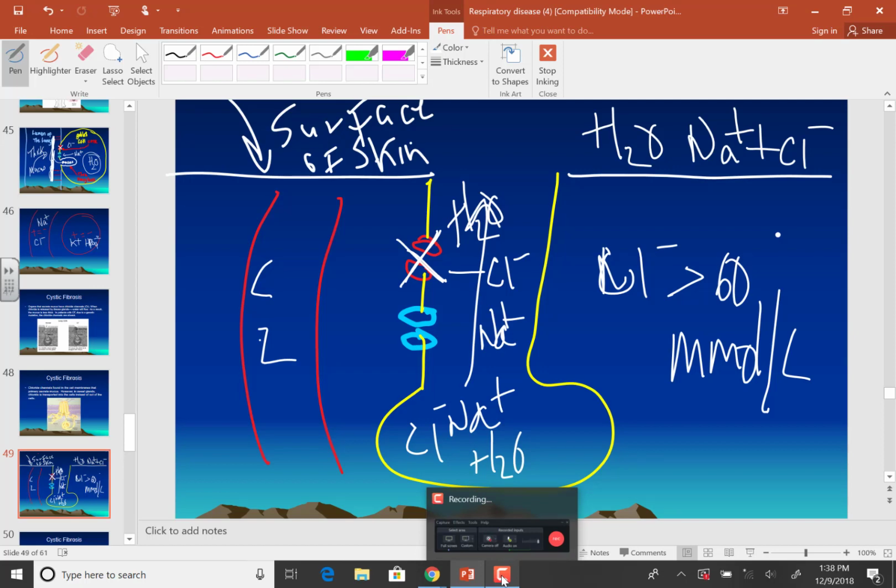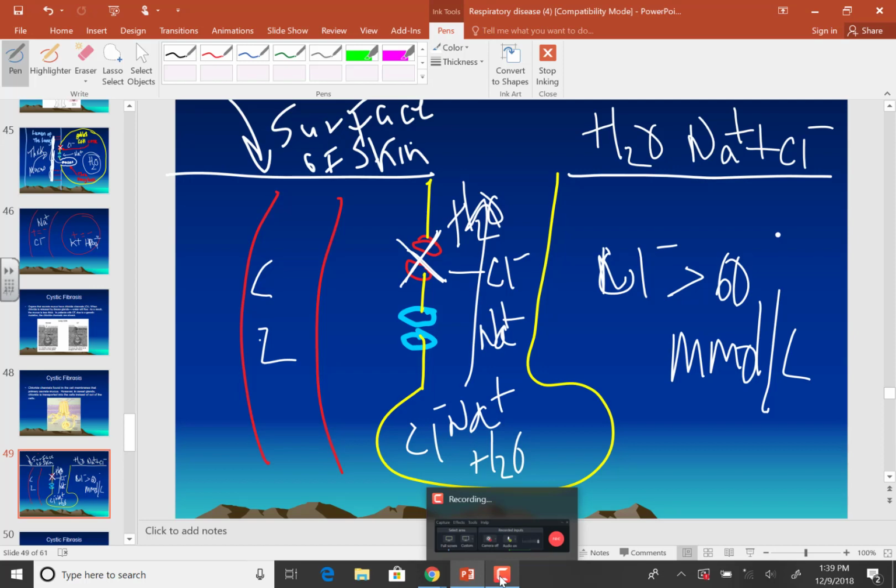But probably the most important thing to keep in mind is that wherever you have cells that produce mucus, so respiratory system, GI tract, reproductive system, you're going to have problems when you have cystic fibrosis. So in men, due to that genetic mutation, they don't have a vas deferens.